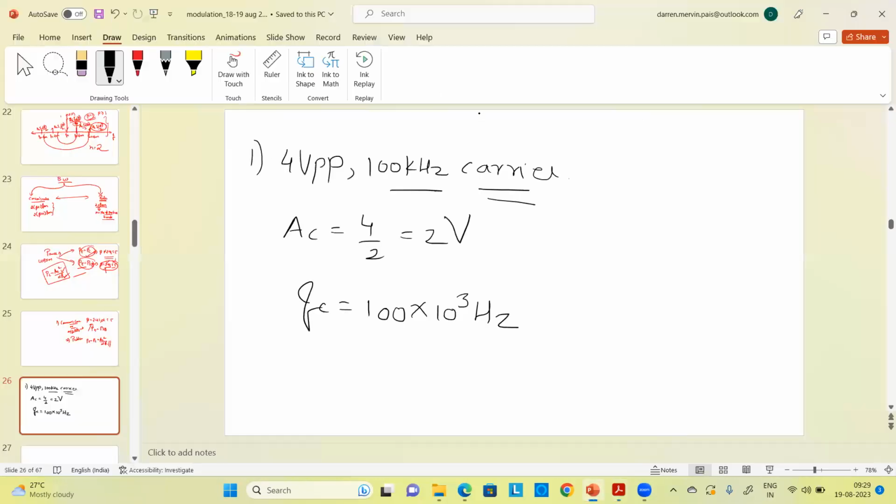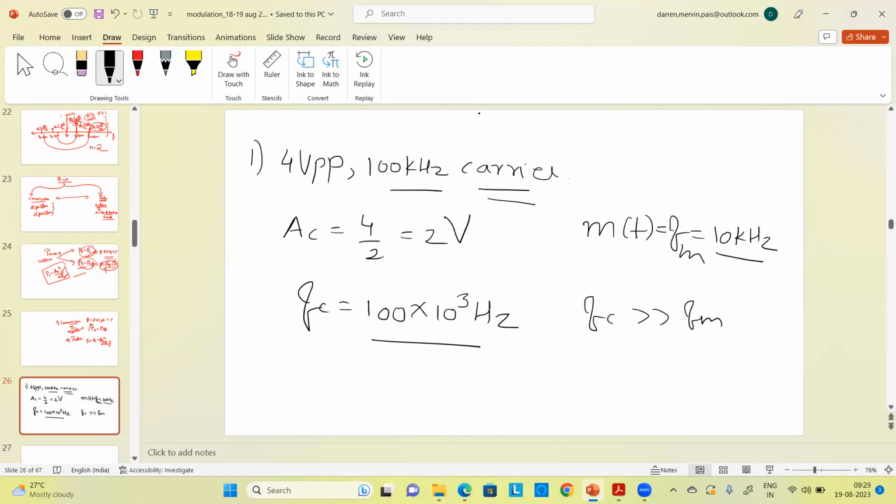That means the M of T has frequency 10 kilohertz, that is FM. And we know that FC is always greater than FM, which can be verified from here. This is 100 kilohertz. This is 10 kilohertz. So the FM is 10 kilohertz.